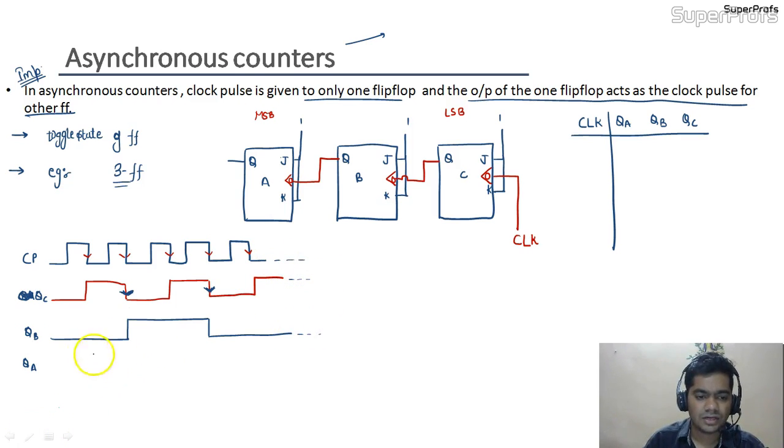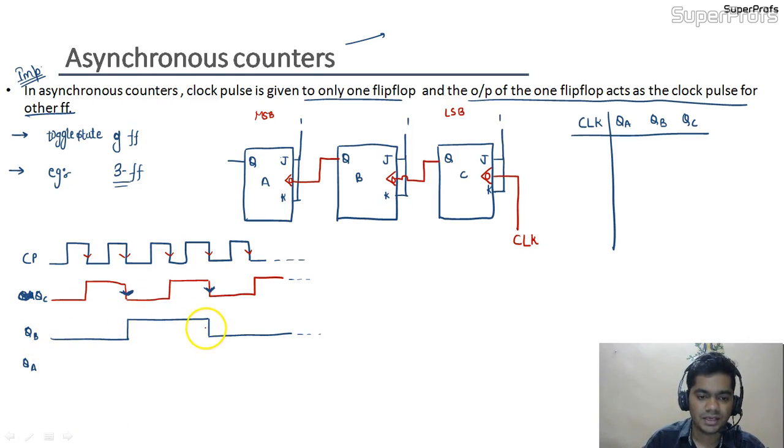Now the output of QA would be changed when QB has a falling edge. That is, as the clock pulse for A is connected from the output QB, the previous flip-flop, on the falling edge of QB the output of QA would be changed. So again I am using a different pen.